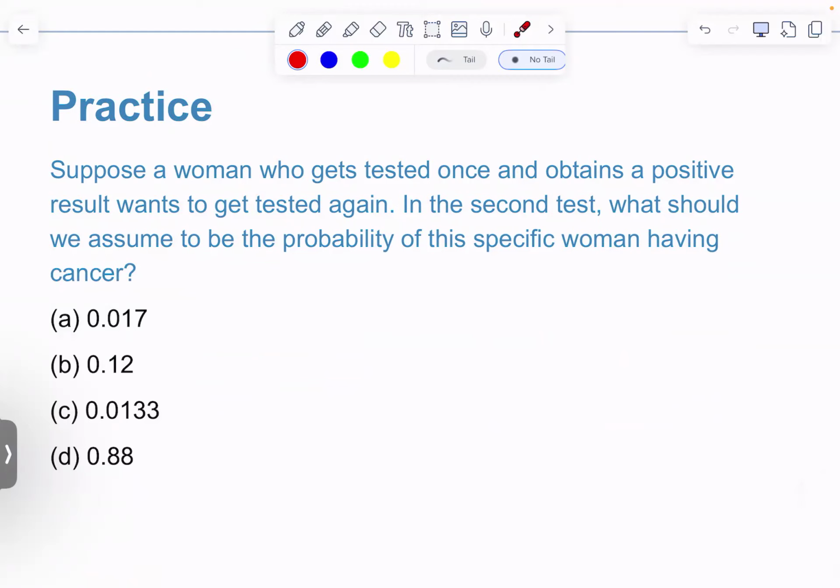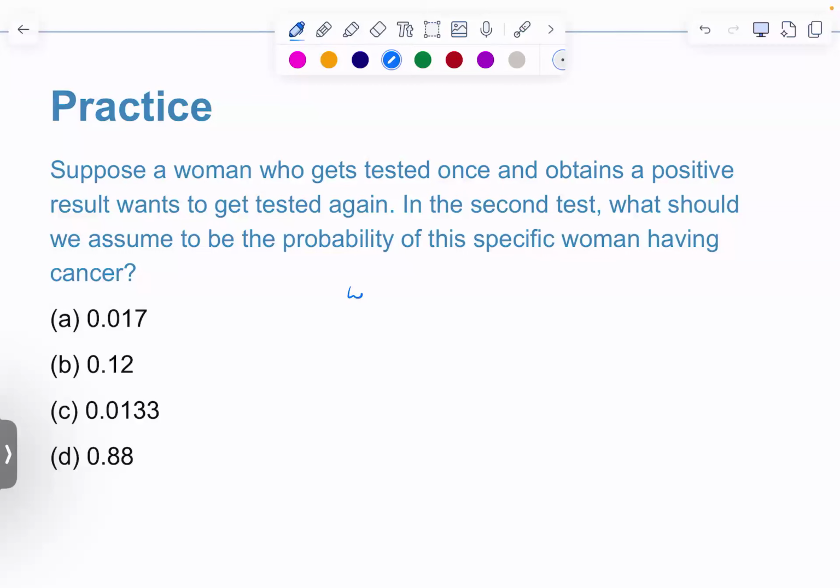How about this one? Suppose a woman who gets tested once and obtains a positive result wants to get tested again. In the second test, what should we assume the probability of this specific woman having cancer is? That's the one that we just found.